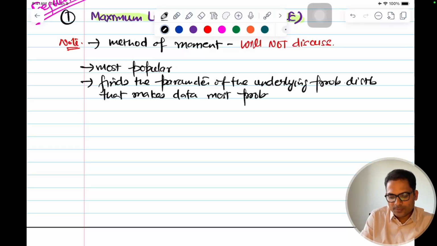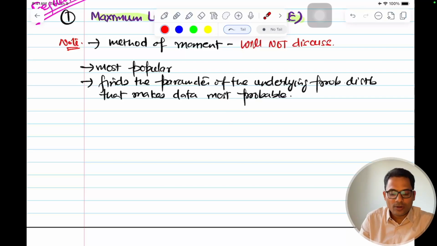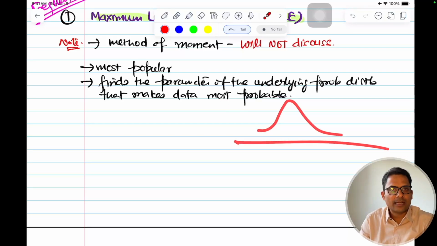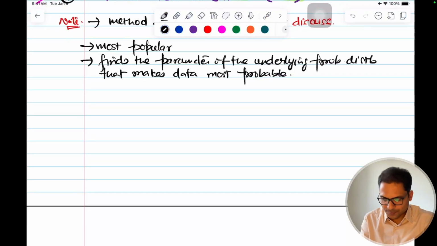If I have these parameters, then there is the highest likelihood of seeing the data that we have observed. So these parameters describe the data that I've observed in the best possible way. That's what it says.